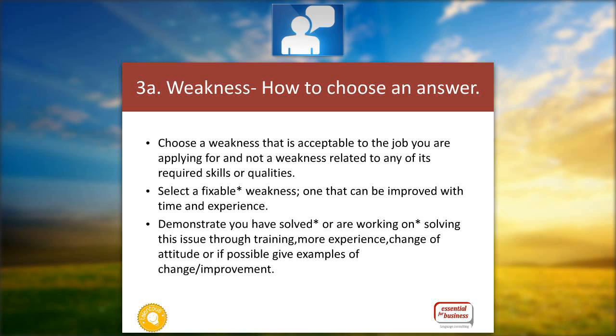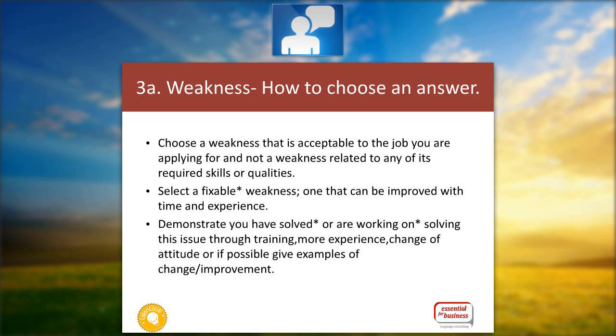Select a fixable weakness. Fixable is something that we can fix, something that we can change. I'm just going to write the word down because I'm not very good at pronunciation. Irregular, I think.